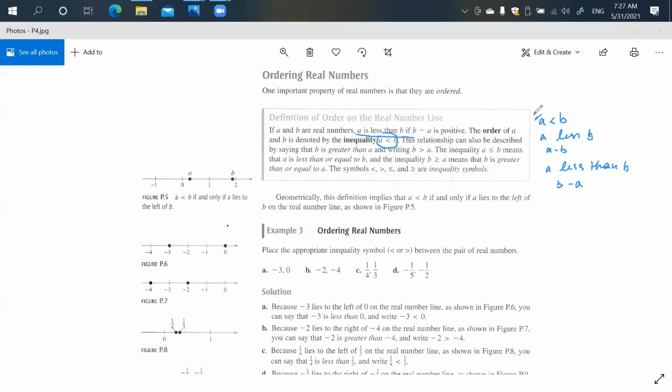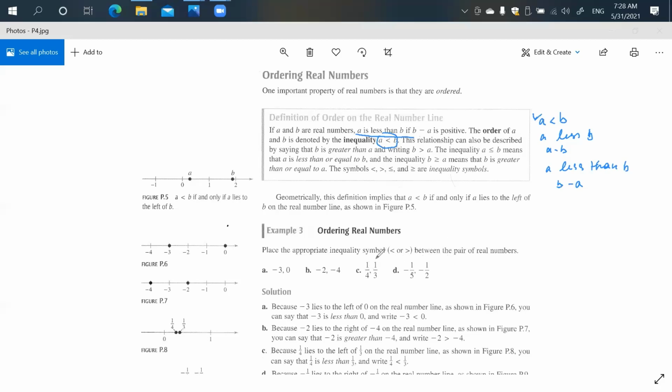Today, most of this lesson we will learn about the symbols of less than, greater than, less than or equal, greater than or equal, and also the absolute value a little bit.